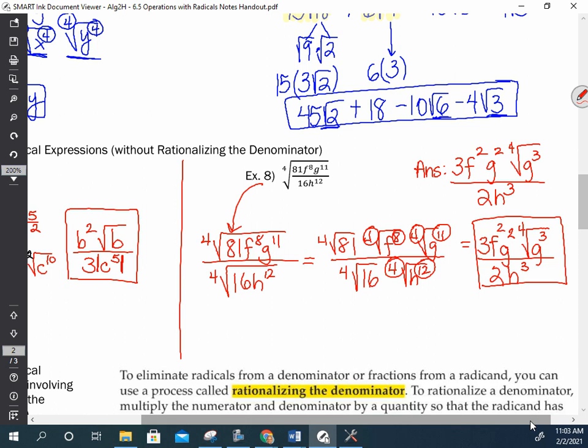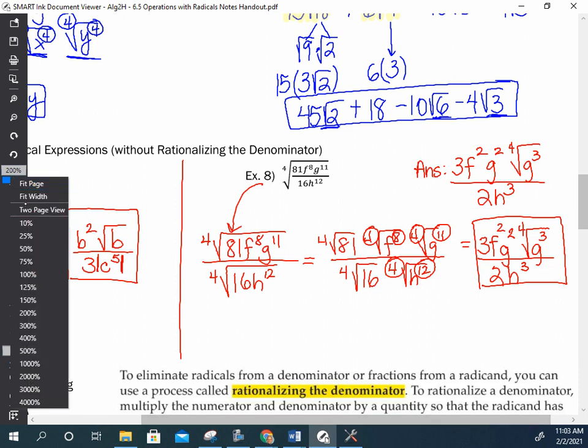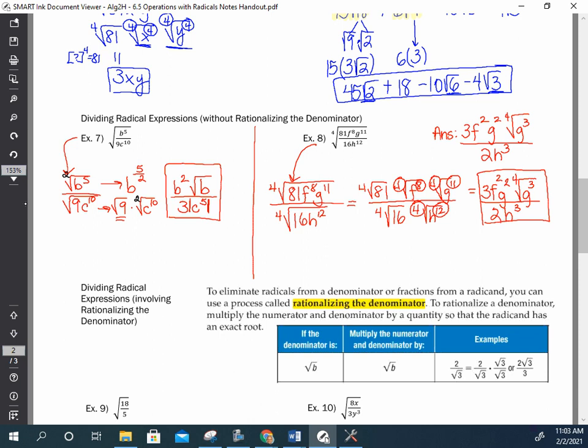That's finished. Any questions or troubles with example number 8?